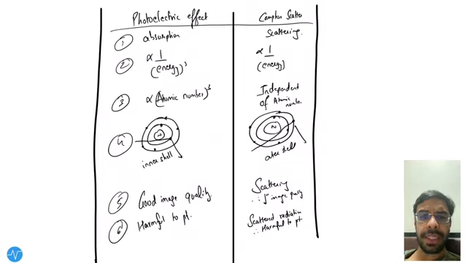Photoelectric effect acts on the inner shell, K shell, whereas Compton scattering is outer shell. There is good image quality in photoelectric effect, whereas in Compton scattering, due to scattering, there is decreased image quality. Photoelectric effect can be harmful to the patient, whereas scattered radiation is also harmful to the patient. These are the differences between photoelectric effect and Compton scattering.